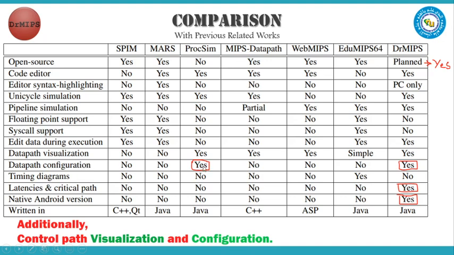The simulator ProcSim also has the ability for data path configuration, but the difference is that ProcSim was not open source, not publicly available. But Dr. MIPS simulator is publicly available and free. It is open source, and it also provides configuration to extend it and add new functionalities to the existing work.